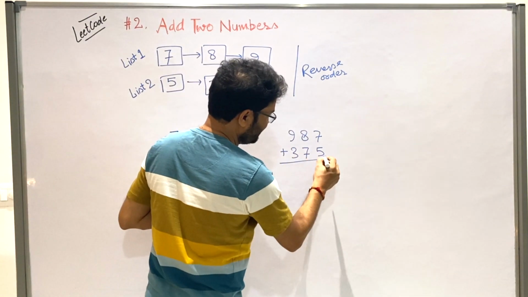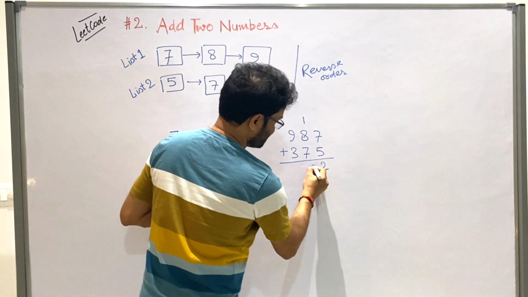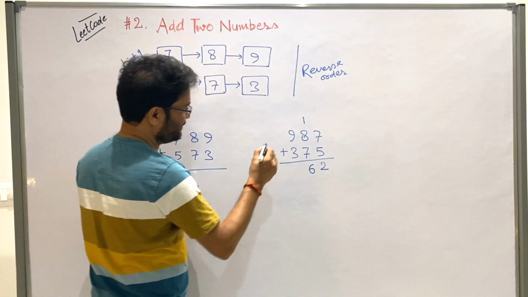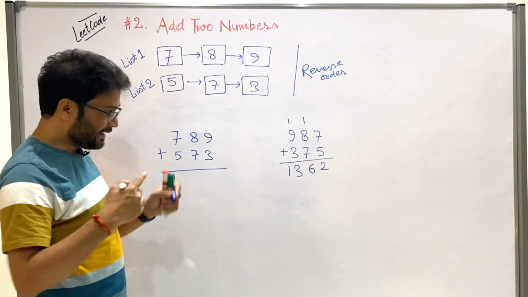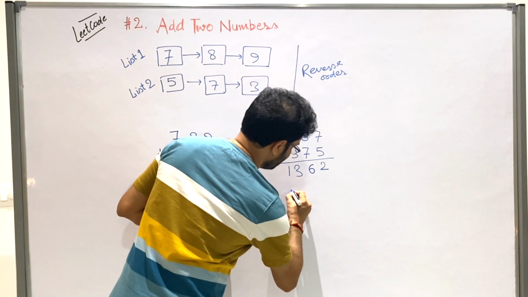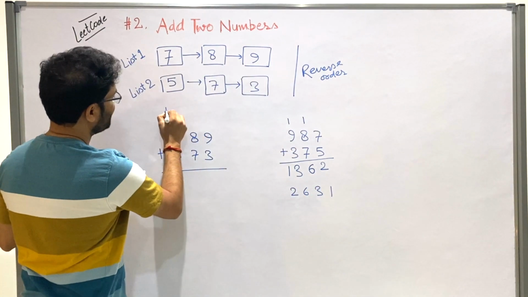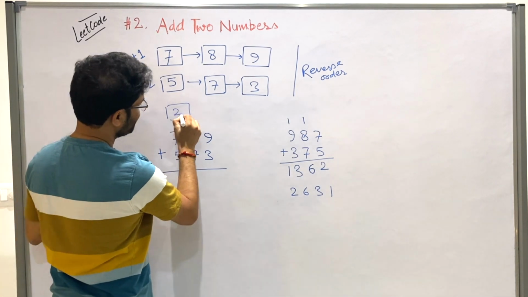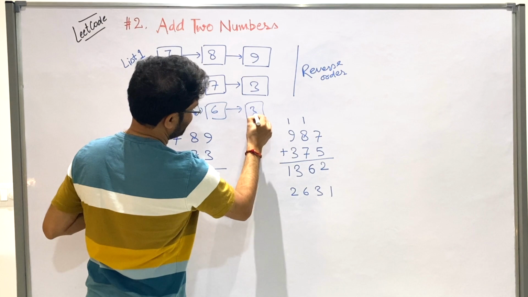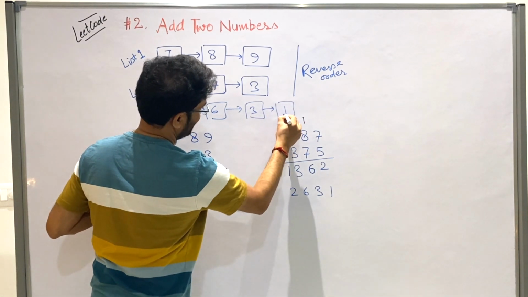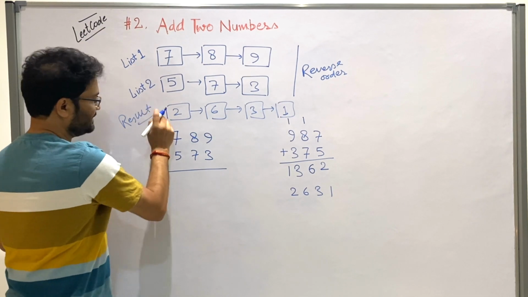If you add here, 7 plus 5 is 12, 1 carry forward, 16, 1 carry forward, and 13, right? And then again you have to reverse the number, 2, 6, 3, 1, and then you have to create the new linked list 2, 6, 3, 1, and you have to return this linked list.